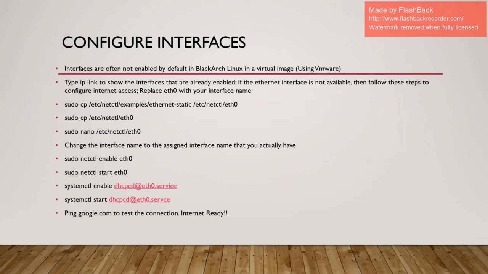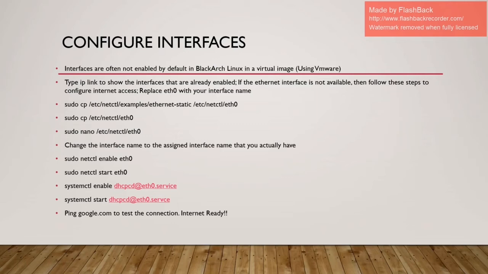But in case your interfaces are not recognized, you'll want to type ip link just to show the interfaces that are at least available, but they're not enabled. So ip link will let you know at least the name of the interface that you want to enable.